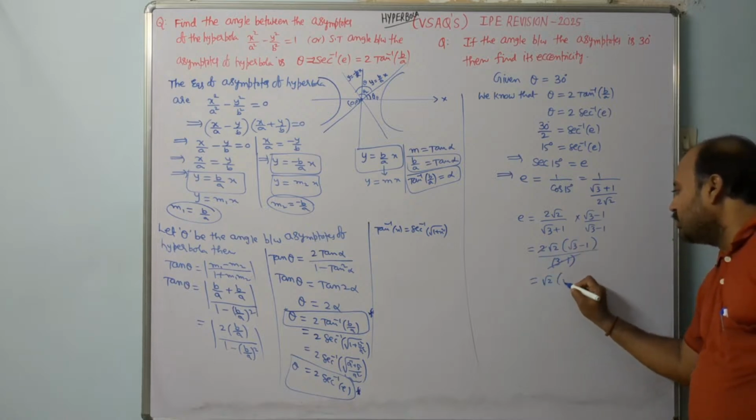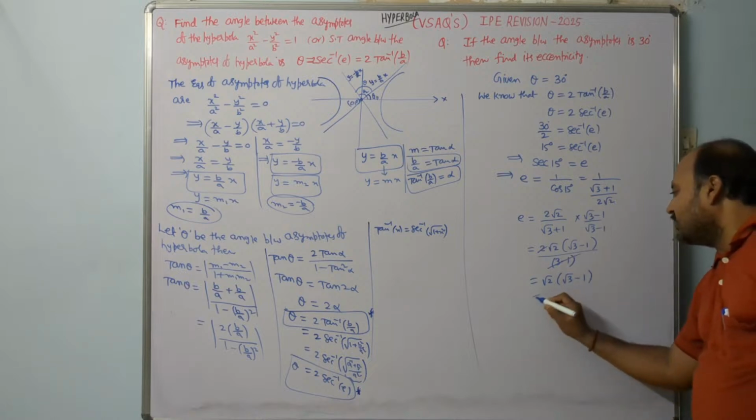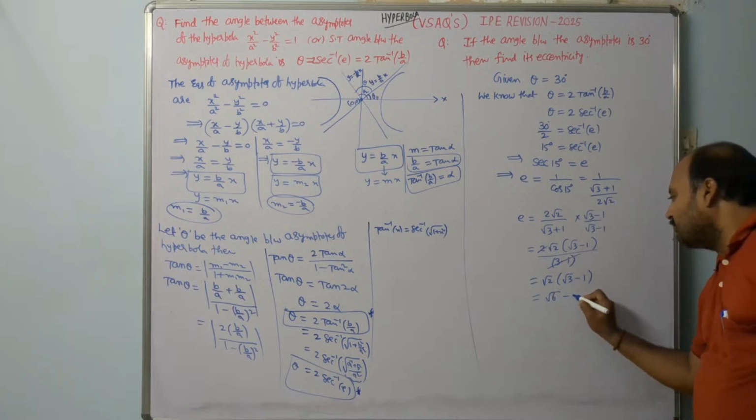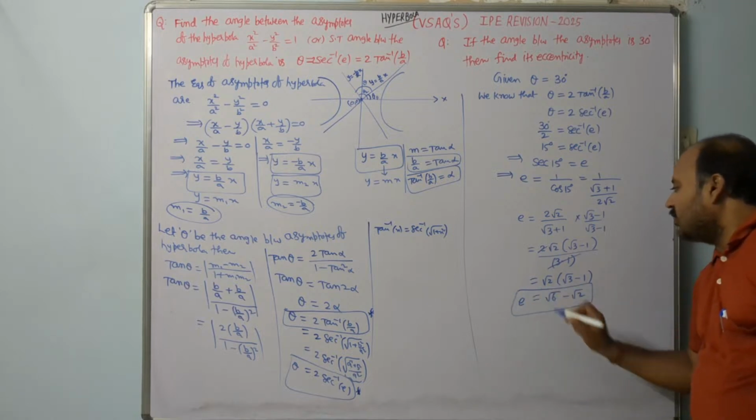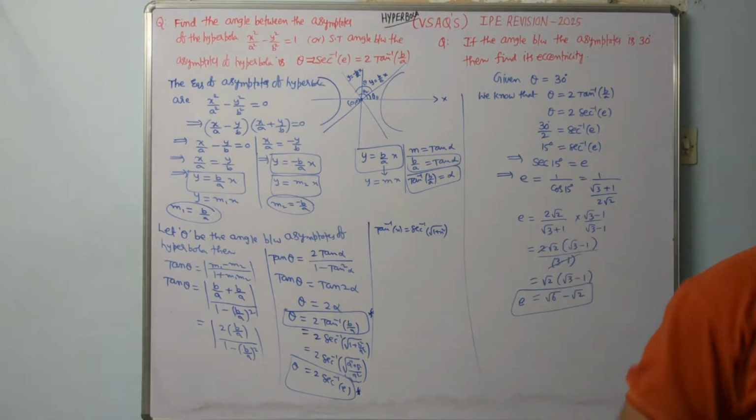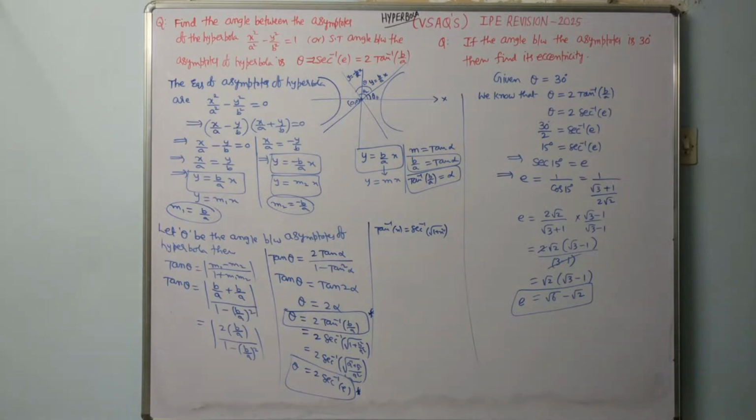So root 2 into root 3 minus 1, which is equal to root 2 into root 3 is root 6, minus root 2 into 1 is root 2. So eccentricity e equal to root 6 minus root 2. This is the way we can do 2 marks questions in this. We will do more questions also.